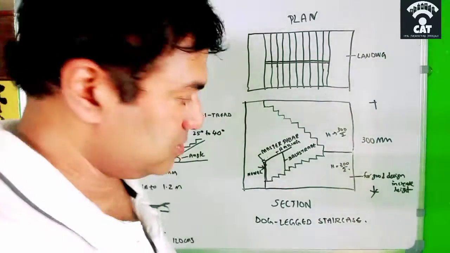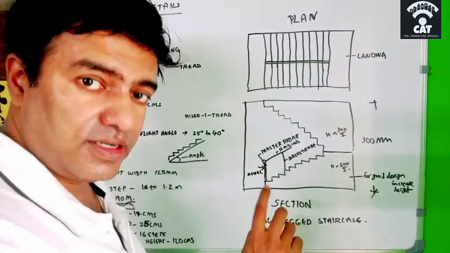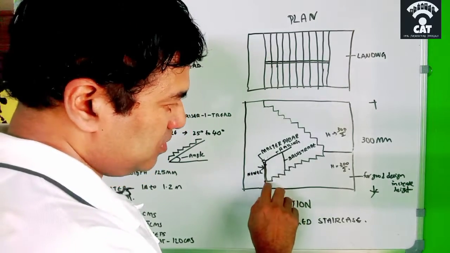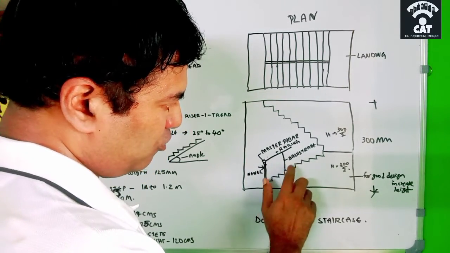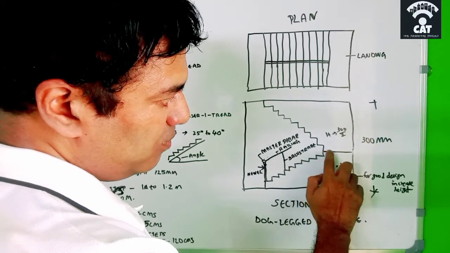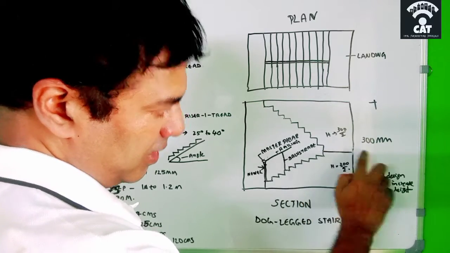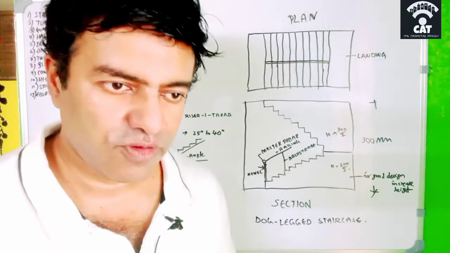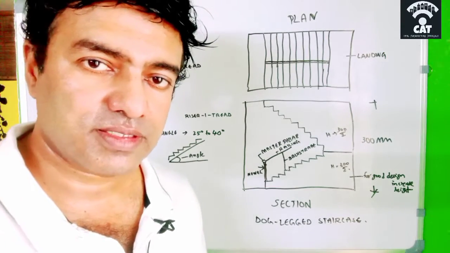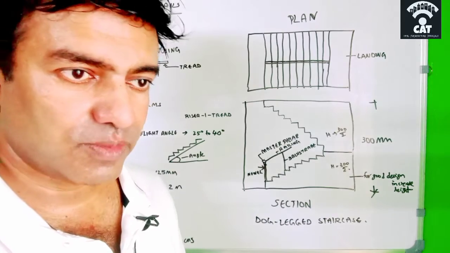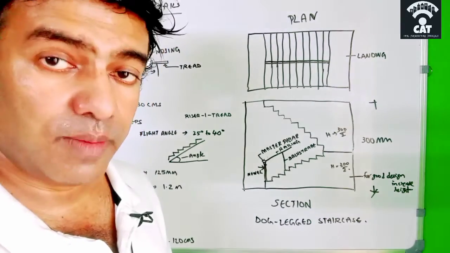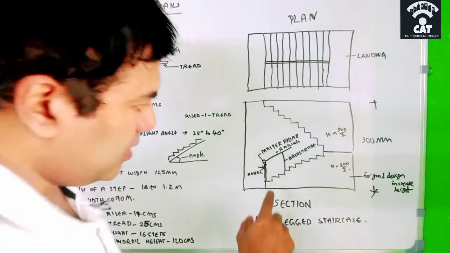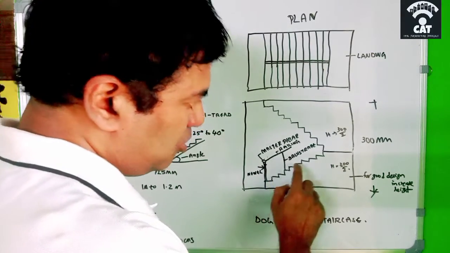It is 10. So if we count the number of risers here, 1 2 3 4 5 6 7 up to 10, it will be 10 to the landing. And it's a formula that the number of treads will be the number of risers minus 1, so it will be 9. That is, if we count the treads, it will be 9 only.